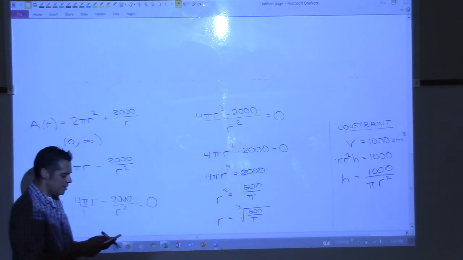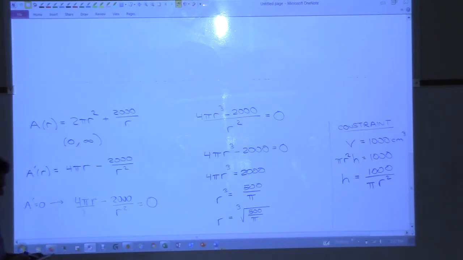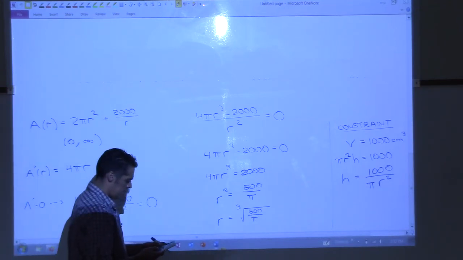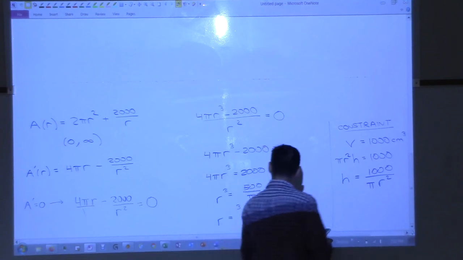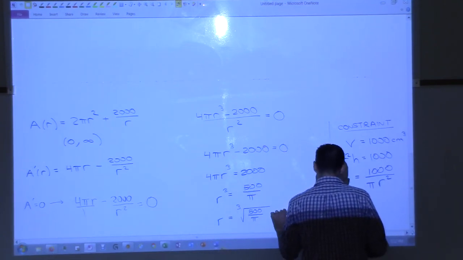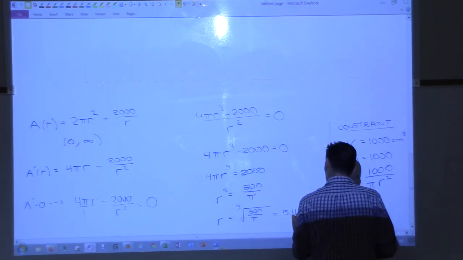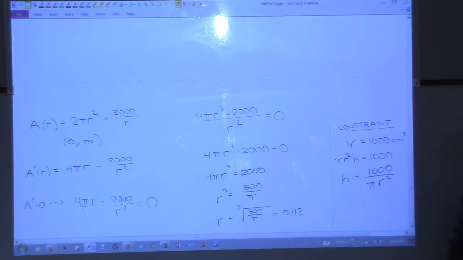I'm going to go ahead and get that as a decimal real quick. It's approximately 500 over pi, raised to the 1 divided by 3. 5.41. We'll go with approximately 5.42, okay? 5.42.